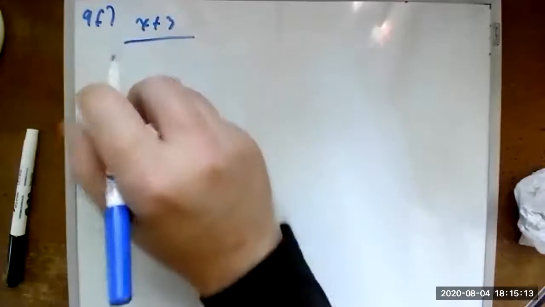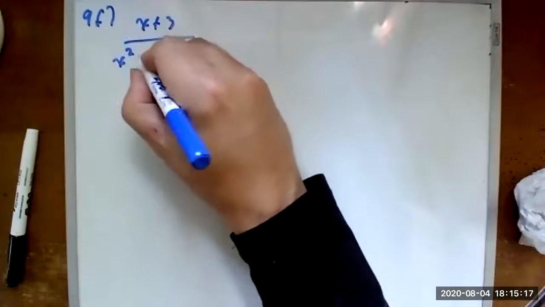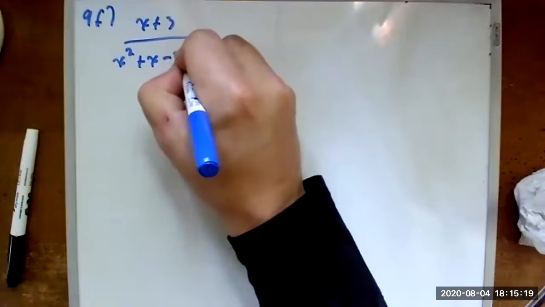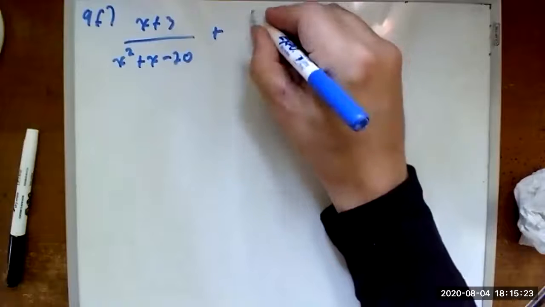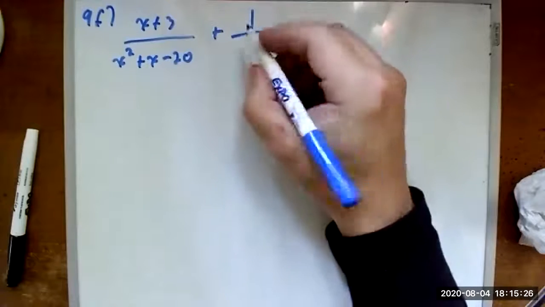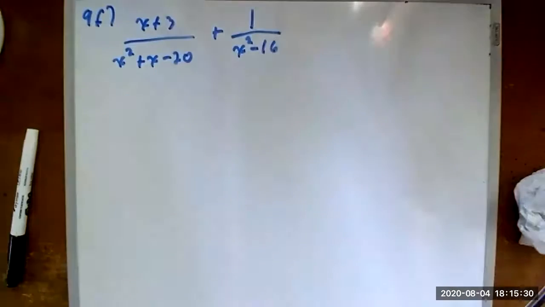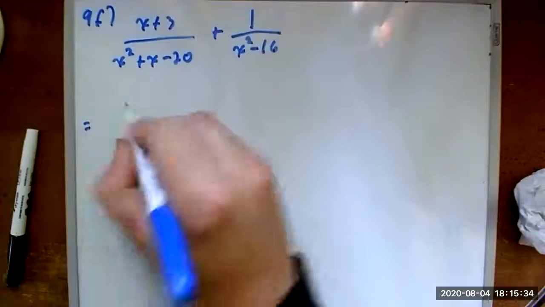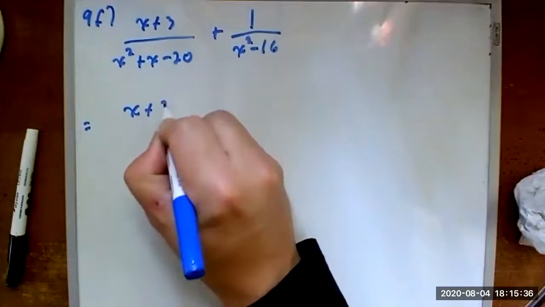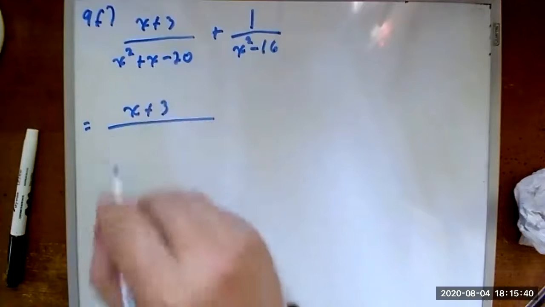So 9f: x plus 3 on top, x squared plus x minus 20 is on our first side. This can be added to 1 over x squared minus 16.